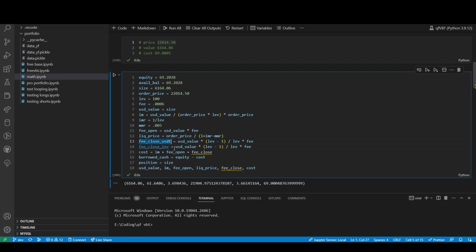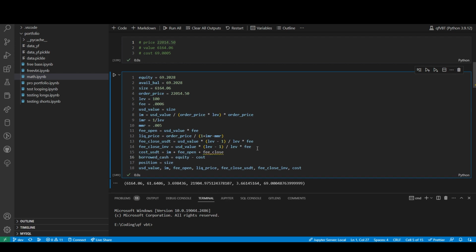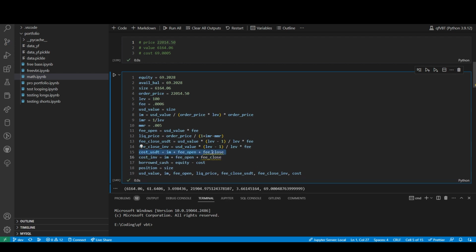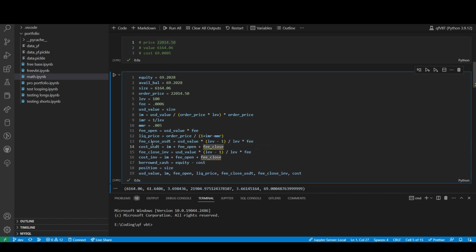So fees closed USDT, fees closed inverse. And then here it'll be cost USDT, cost inverse. So let's just put this here. This, and then fees closed USDT. And this is this.